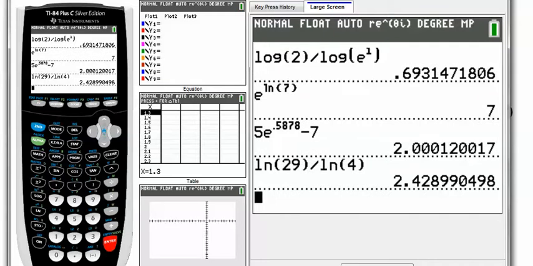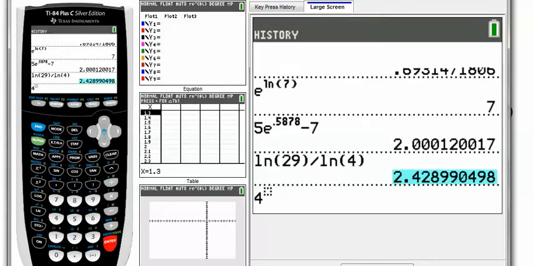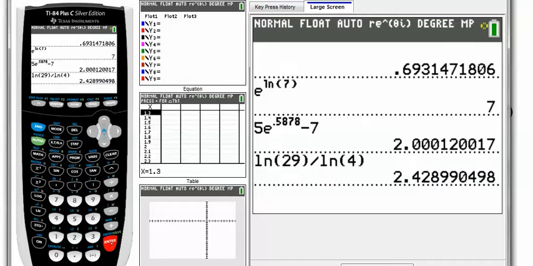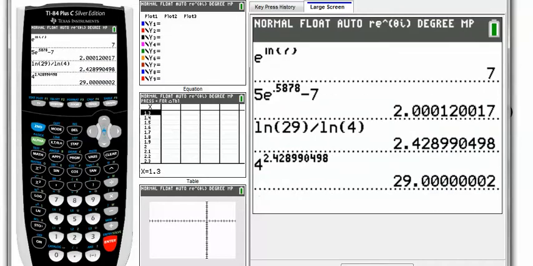Enter. We can check that because it's just 4 to that power. It should get us 29. It does. So 2.4290.